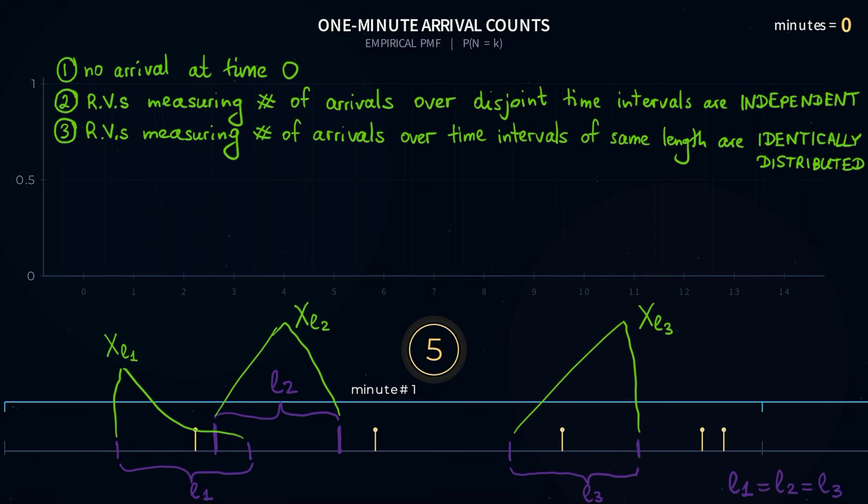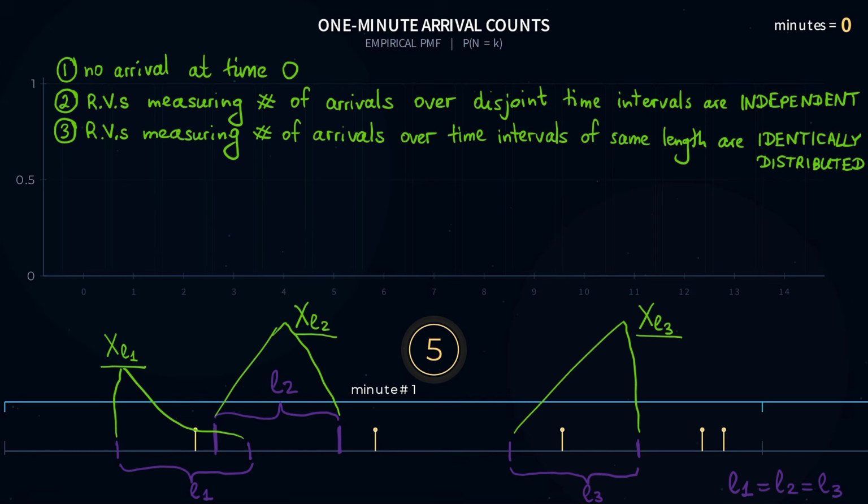So this postulate says that these three random variables must be identically distributed. They must have the same distribution. We haven't stated what it must look like, just that they must have the same distribution. Notice that in this third postulate, there's no mention of disjoint time intervals, so I've drawn the interval L2 on purpose to overlap with the interval L1, just to underscore the fact that this postulate does not require disjoint time intervals.